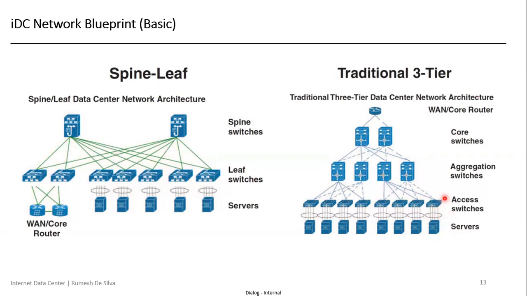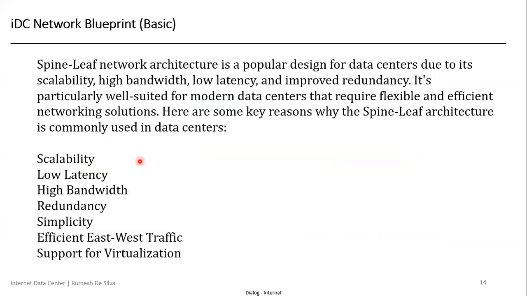If you need to scale or add another server or host, you have to spend a much higher cost to expand this network. But that does not happen in the spine leaf architecture. I have to tell you more about scalability and low latency, which means low collisions.